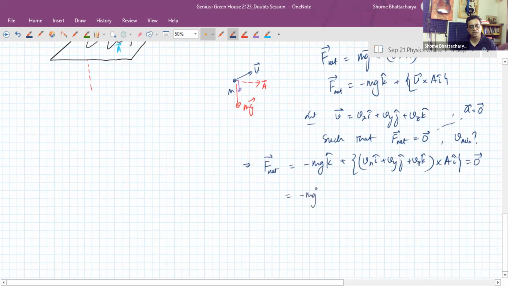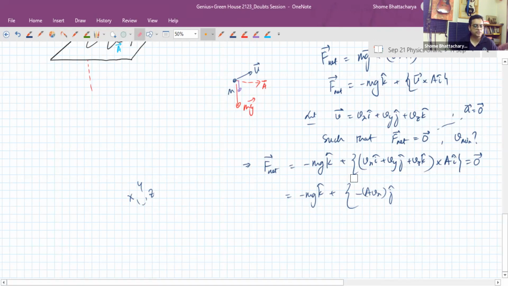So minus mg k cap plus, now see, let's solve this cross product. So i cross k gives minus j, so this will give us minus AVx j cap. Oh sorry, I cross i, my mistake.